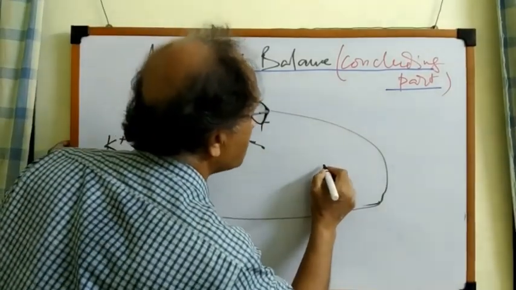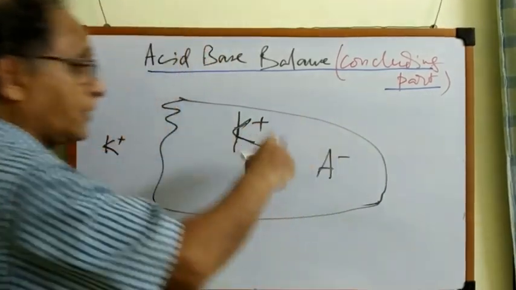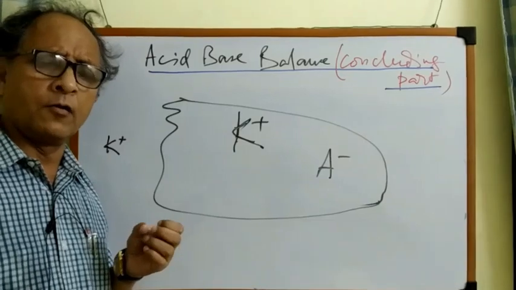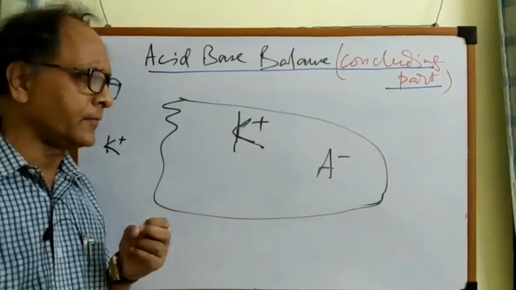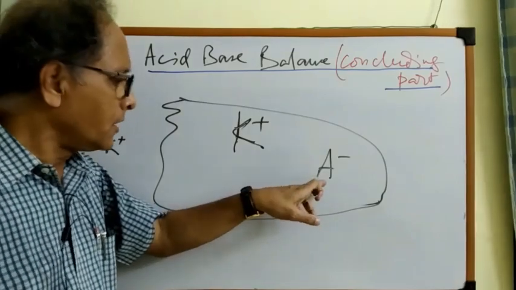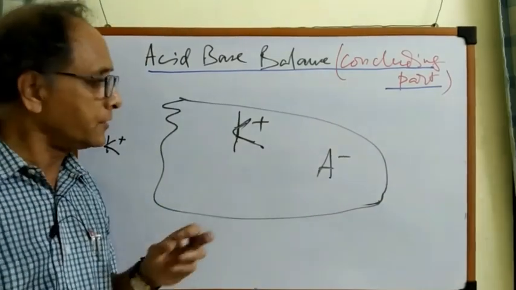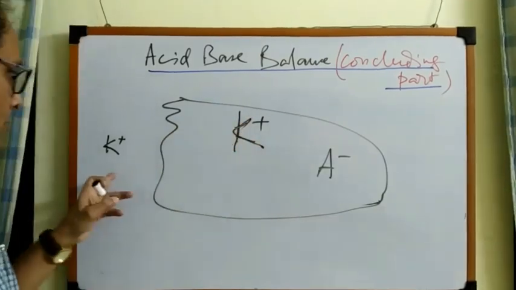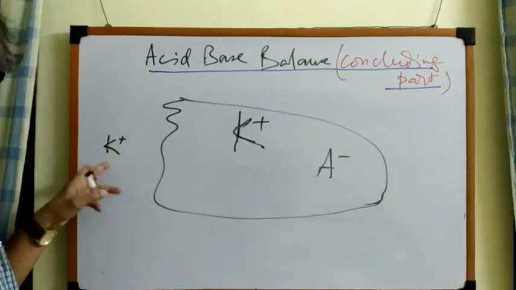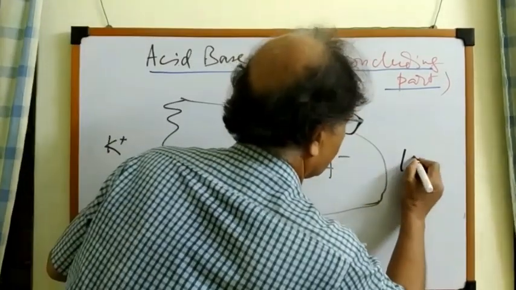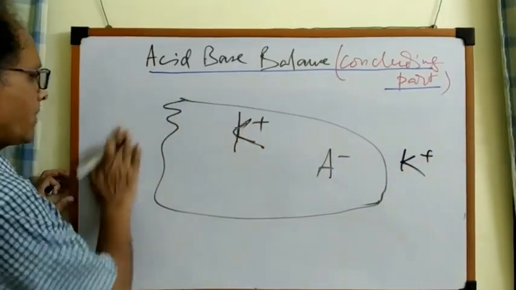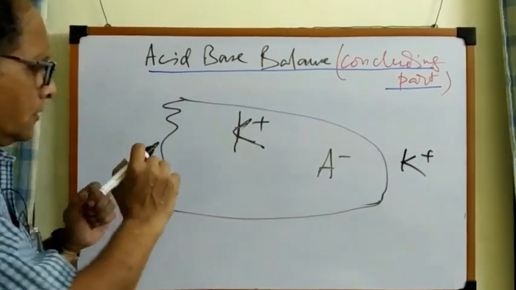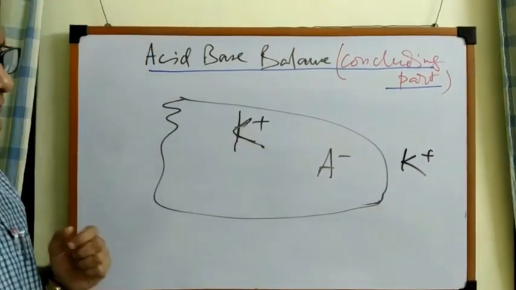Also there are some impermeant anions present inside the cell, mainly the proteins, inorganic phosphates, creatinine, phosphate, ATP, etc. So potassium concentration in the intracellular fluid is very high, and potassium concentration in the extracellular fluid is quite low. Also there are various other ions.